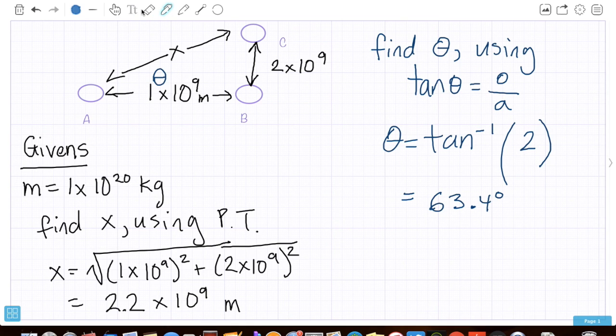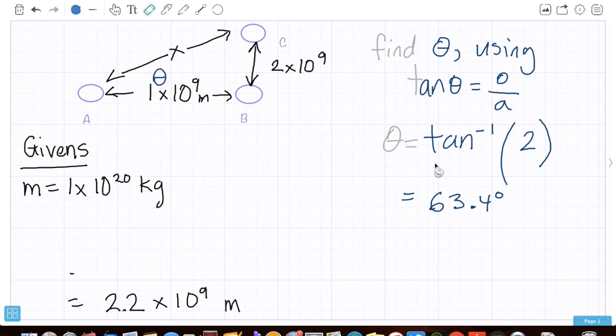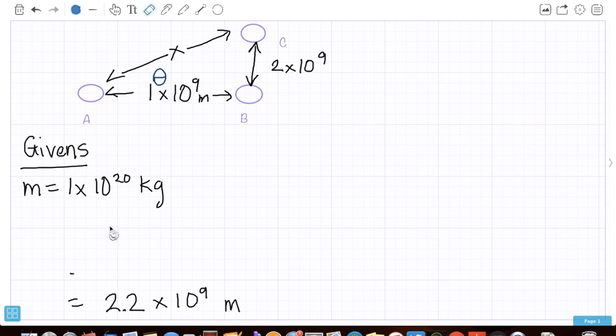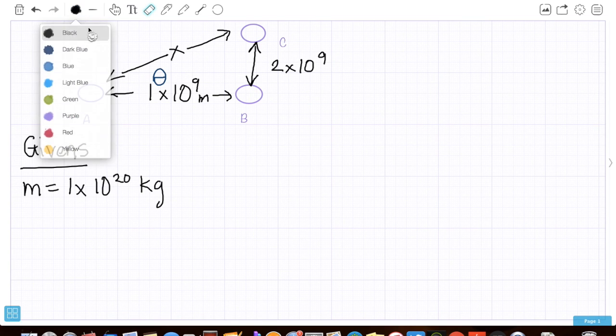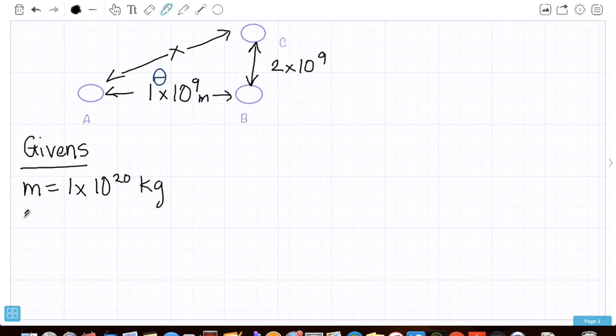I'm just going to erase all of this, and then rewrite it here. So theta is equal to 63.4, and x is equal to 2.2 times 10 to the 9 meters.